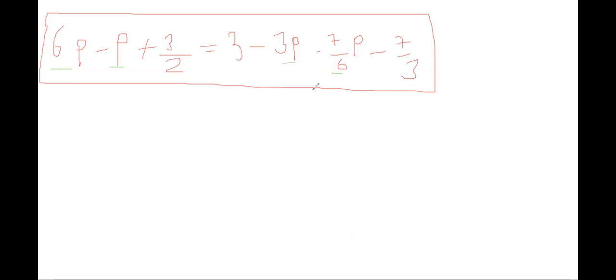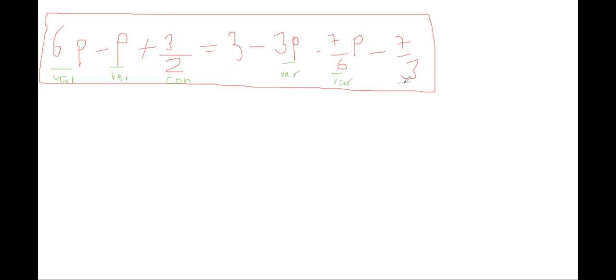So we make sure that we collect the like terms on one side. I like to transfer the variables to the left-hand side, but you can also do it on the right-hand side. It depends on your choice. So we see this is a constant, and we know that this is a variable, this is a variable, this is a variable, and this is a variable.